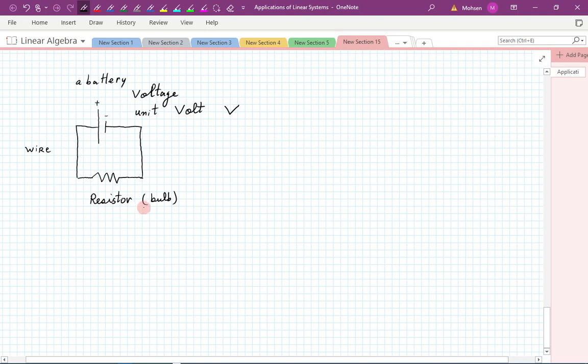Okay, the quantity that is related to this is called resistance. The unit that we use for measuring it is called ohm. And the notation for it is the capital omega in Greek letters. And of course, when it comes to the wire, the quantity we measure here is the current.